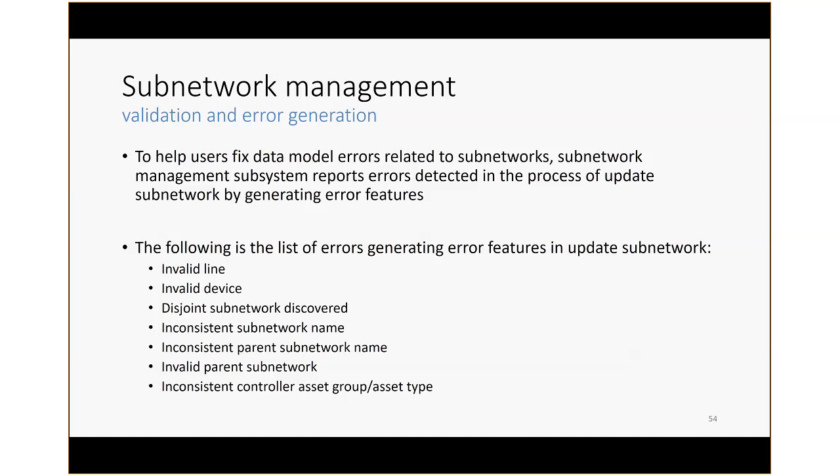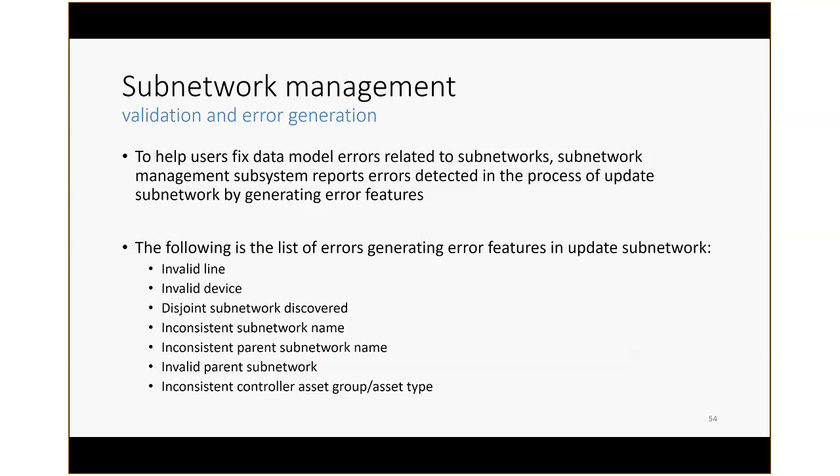It's also important to understand the type of errors that can occur when updating subnetworks. We can discover invalid lines, devices, and whether the subnetworks are disjoint, because you said disjoint equals false, so we don't have traversability between those. What happens if there are inconsistent subnetwork names, or that tie switch is closed and now we have traversability between two circuits back to two different subnetwork controllers?